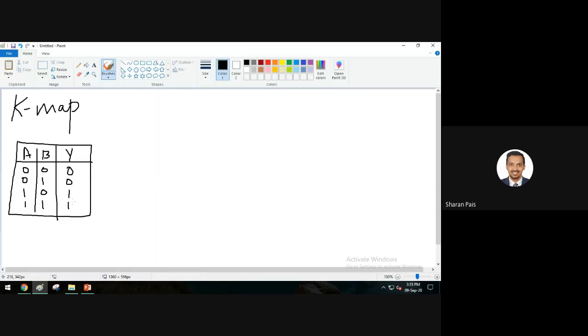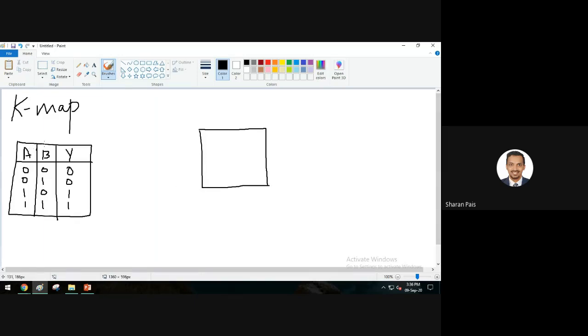Fine. So now I need to simplify this using the K-map method. In a K-map, there is a particular way of writing it, a particular format of filling the values. So a two-variable K-map is something like this, a pictorial representation.